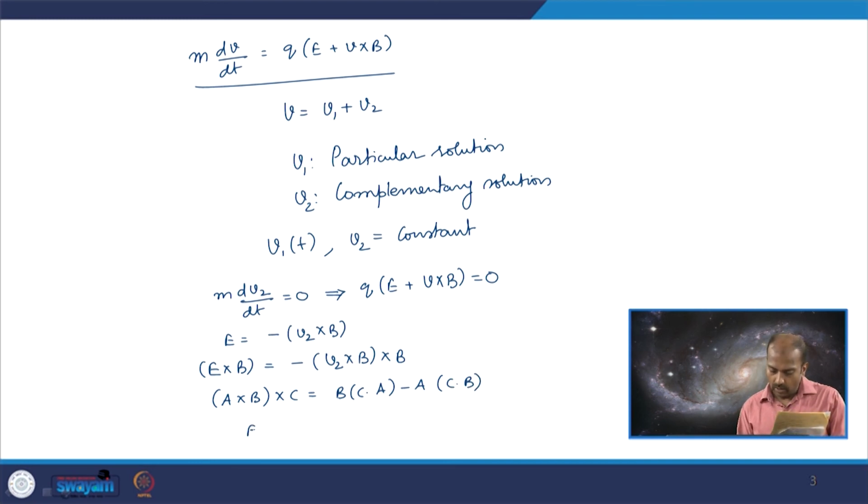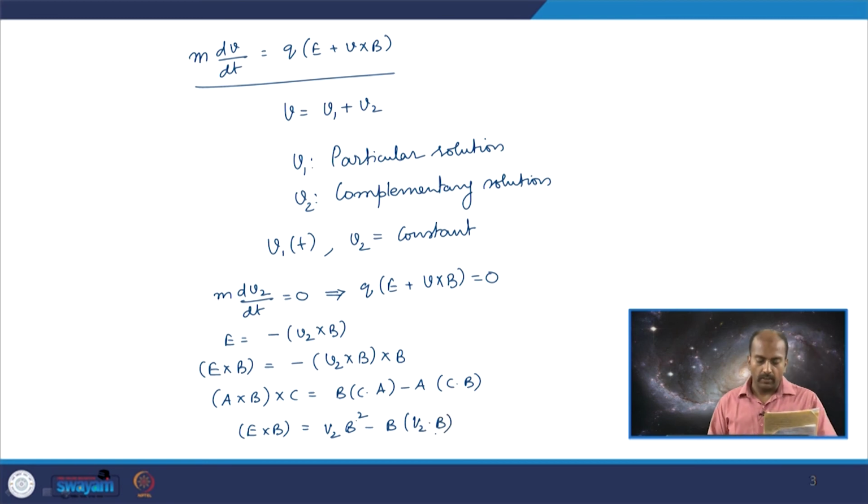So, using this I will write E cross B is equal to minus, E cross B is equal to V2 B square minus B times (V2 dot B). Right. Now, this is a very peculiar part.